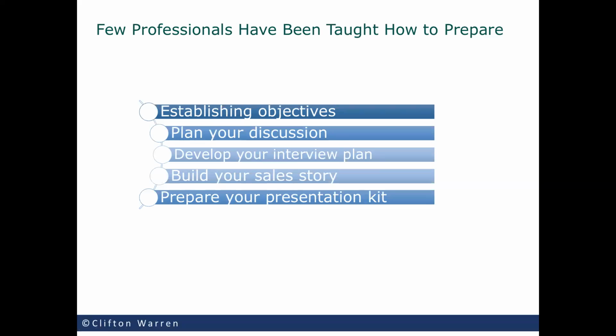Well, today, I want to pull this process apart for you and give you the ingredients that you need to prepare your presentations. Now, we're going to look at establishing objectives, how to plan your discussion. We're going to look at developing your interview plan, building your sales story, and preparing your presentation kit. So we're going to unpack all of this and go through it step by step.